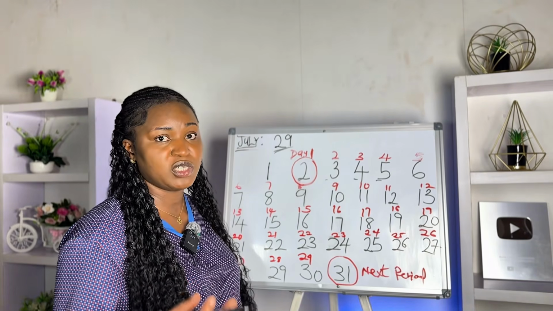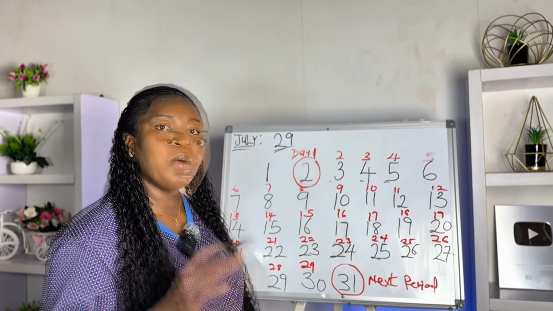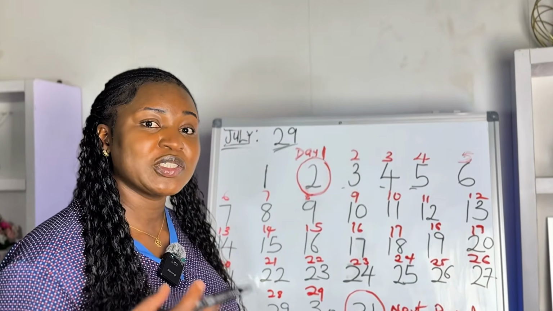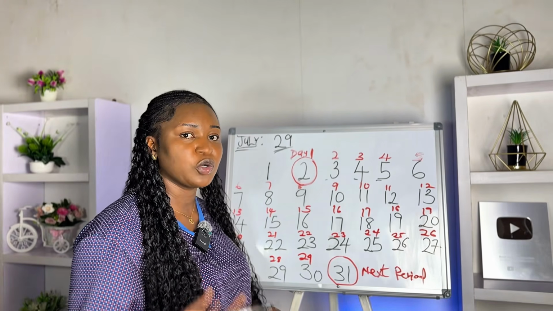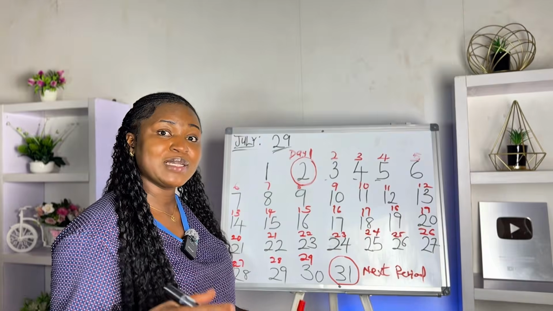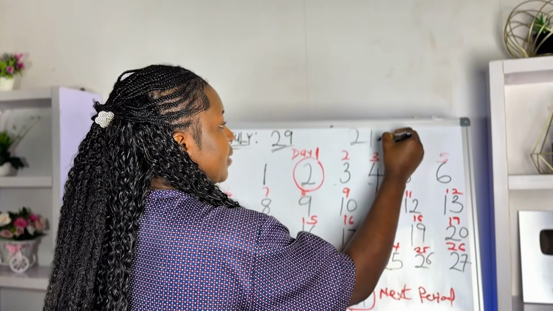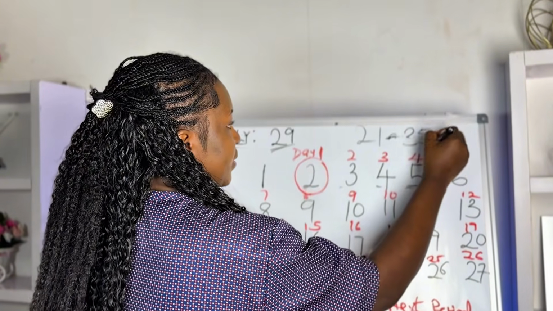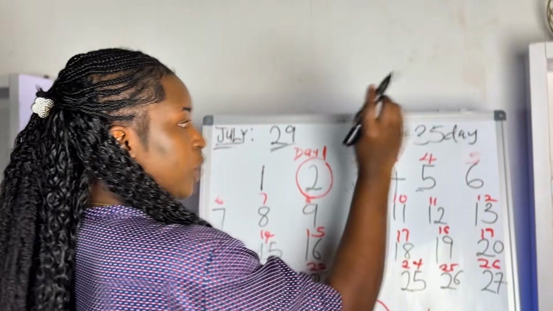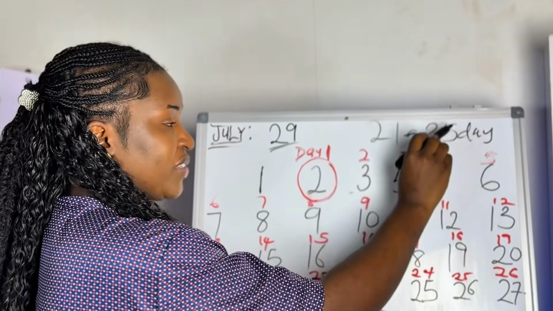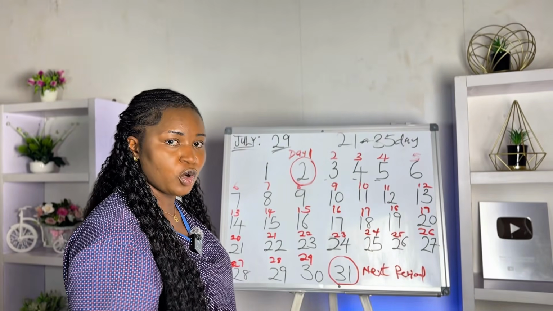That means you need to see your doctor to know why it's like that. Mind you, there are several factors that can affect your cycle length to either make it longer or shorter. So like I said earlier, the normal cycle length is between 21 days and 35 days. When it's below 21 or above 35, that means there is a cause for concern.